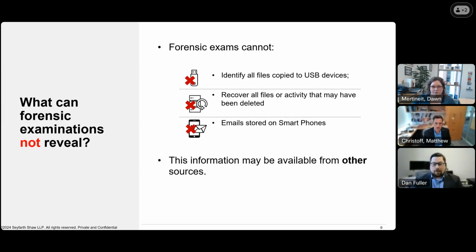We also get information from the USB device, like the electronic serial number, which can be used to request that specific device, so that when we get it in our hands, we can confirm that files were in fact copied. But it does require having that specific device.